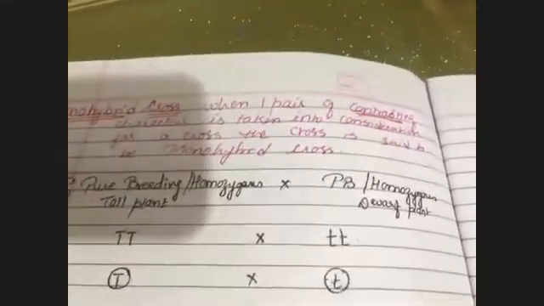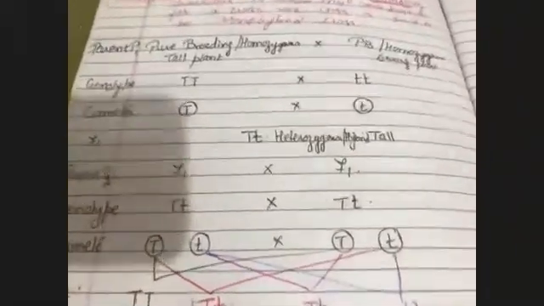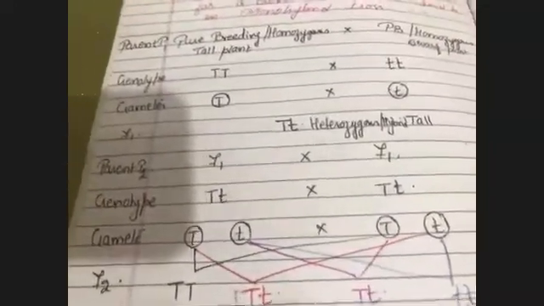When one pair of contrasting characters is taken into consideration for a cross, the cross is said to be monohybrid cross. Illustration: when I describe this schematic representation, I get half a mark. I write this schematic presentation, I get another half mark. So whatever is there, the same way I will go on writing it.